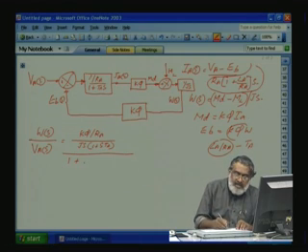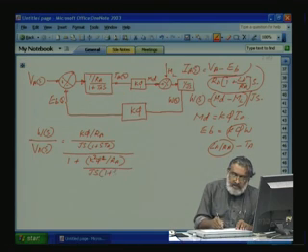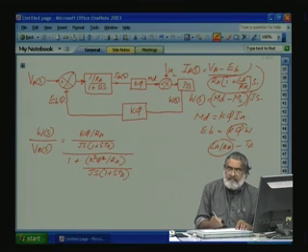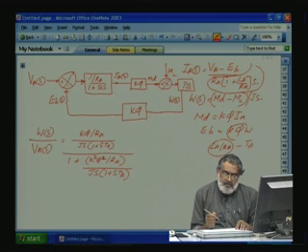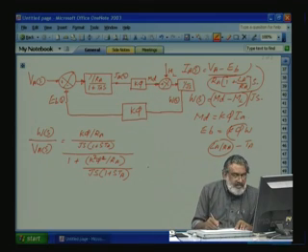So, here if you say 1 plus GSHS, here it will come K square phi square divided by RA, then again divided by Js into 1 plus STA, okay. So, this again we can simplify.